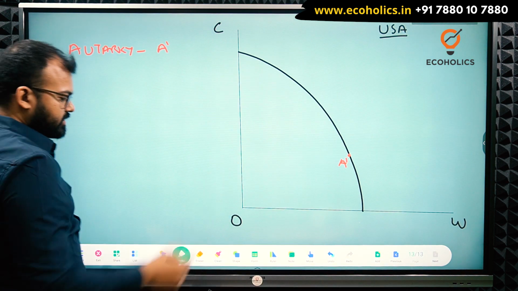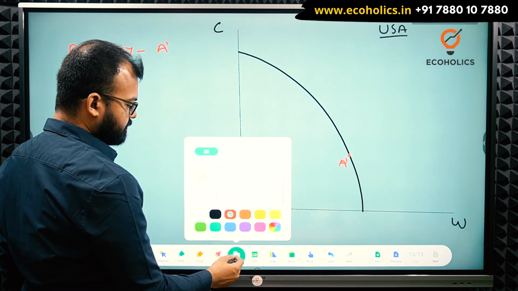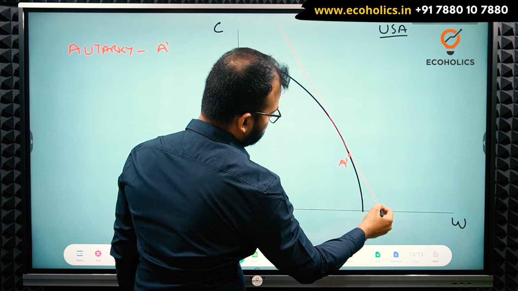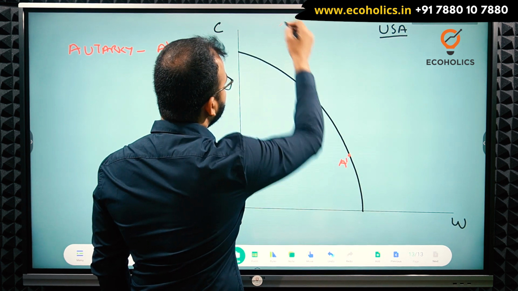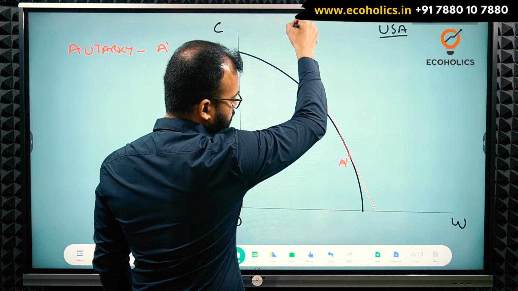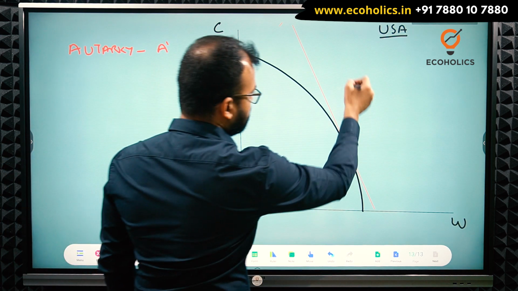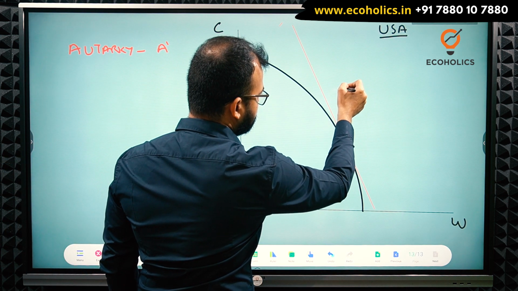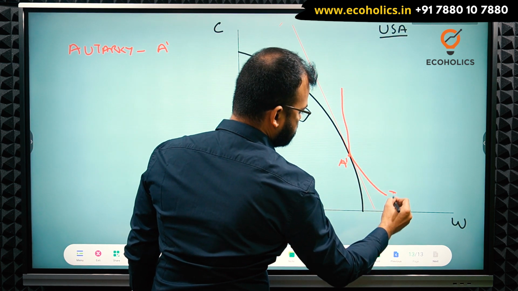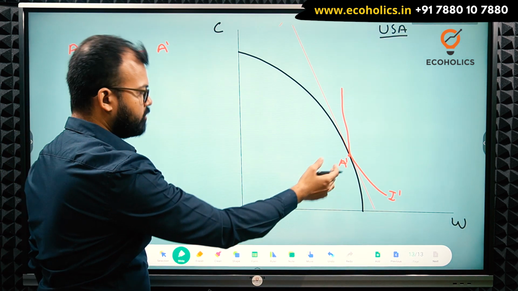So we'll make the indifference curve here as well. With the red line we'll make a tangent. This is indifference curve 1 dash, at the time of autarky.